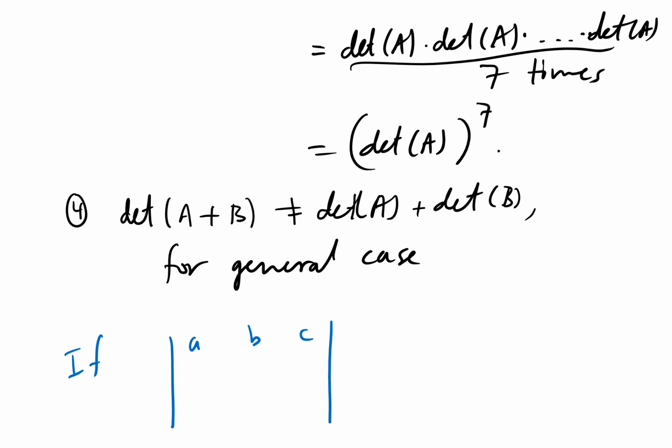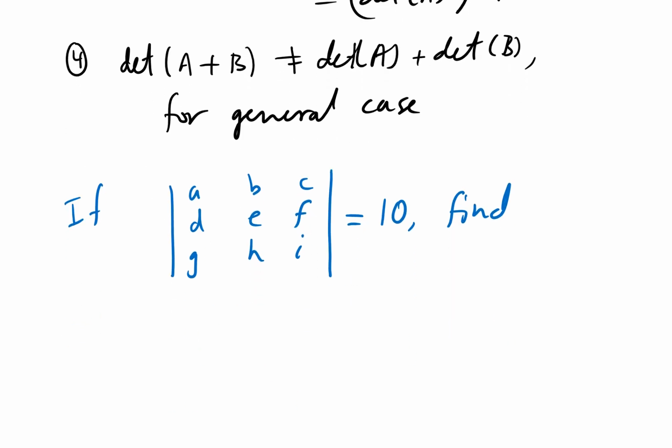Say the determinant of ABC, DEF, GHI is 10. Find the determinant of GHI, DEF, ABC.